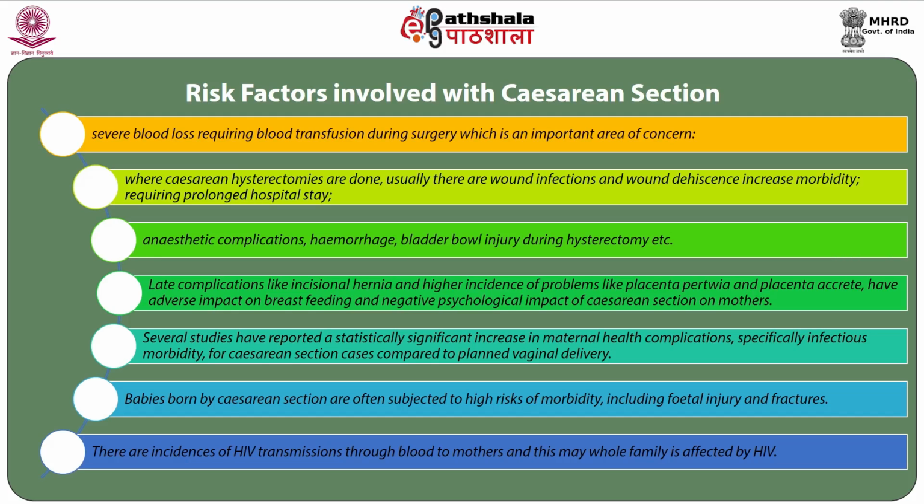Several studies have reported a statistically significant increase in maternal health complications, specifically infectious morbidity, for caesarean section cases compared to planned vaginal delivery. Babies born by caesarean section are often subjected to high risks of morbidity, including fetal injury and fractures.